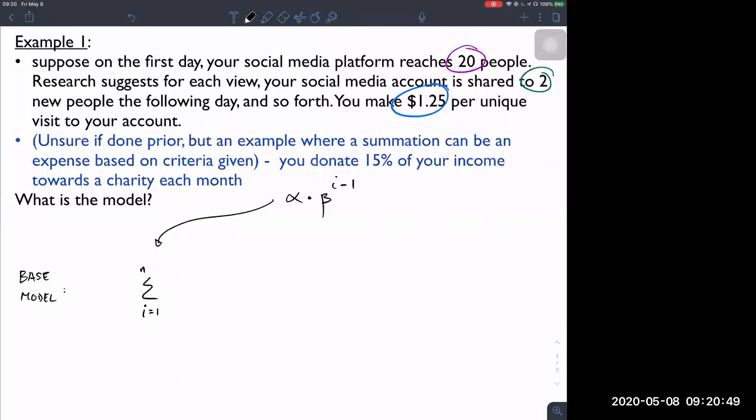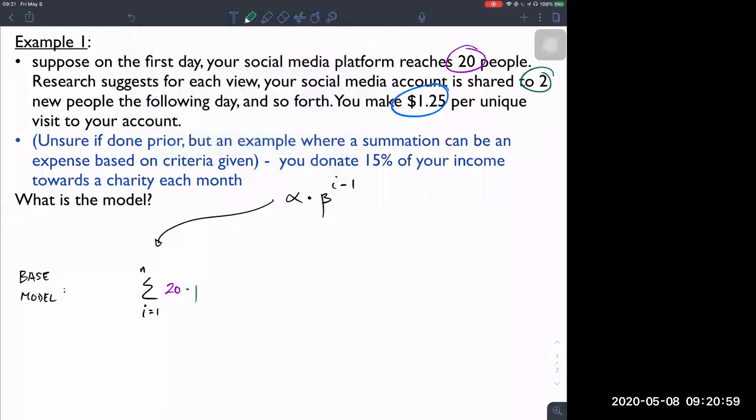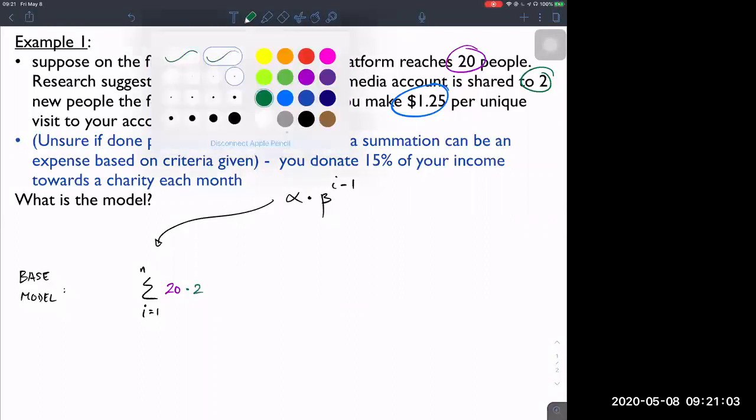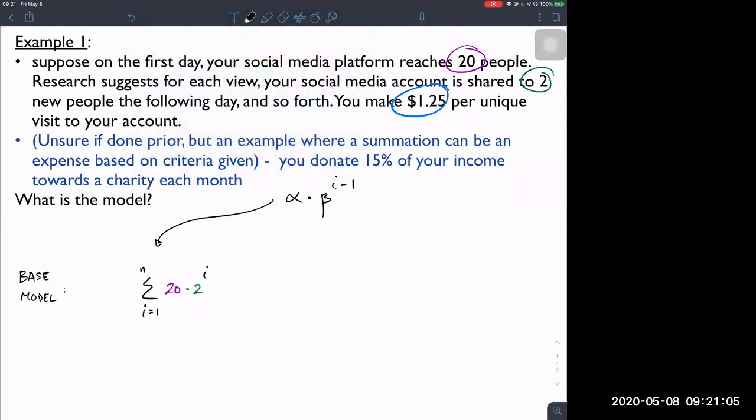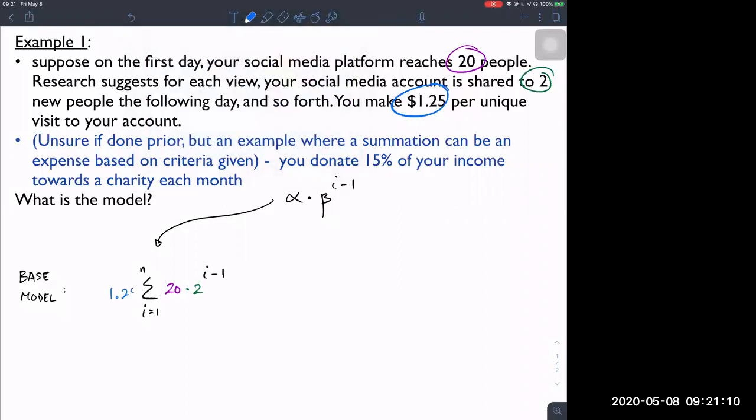Is 20 the alpha, 2 is the beta, and then the 1.25 goes in front of the summation sign? Perfect, perfect. Okay, so thank you for answering. Yes, that is absolutely correct. i minus 1, and then the $1.25 here.